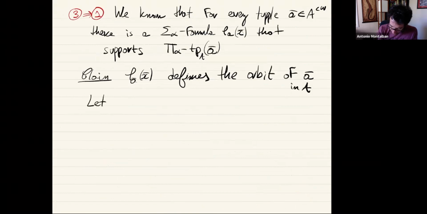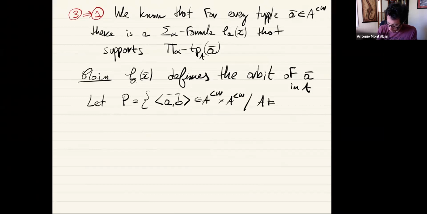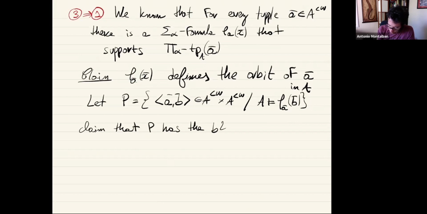We consider this set P, which is the set of all pairs A, B in A to the less than omega cross A to the less than omega, such that B models the formula phi sub A, the formula that corresponds to A. And we claim that P has the back and forth property.